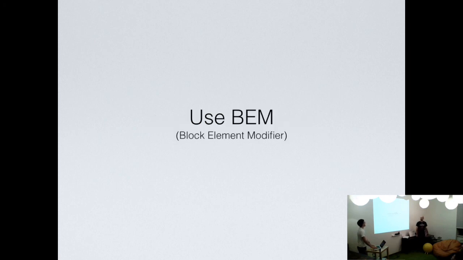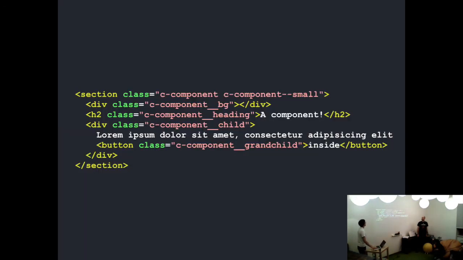Normal stuff. The next thing that we would like to talk about is BEM. It is a convention of using components as block elements, and BEM is short for block, element, modifier. And this translates to HTML pretty much like this.